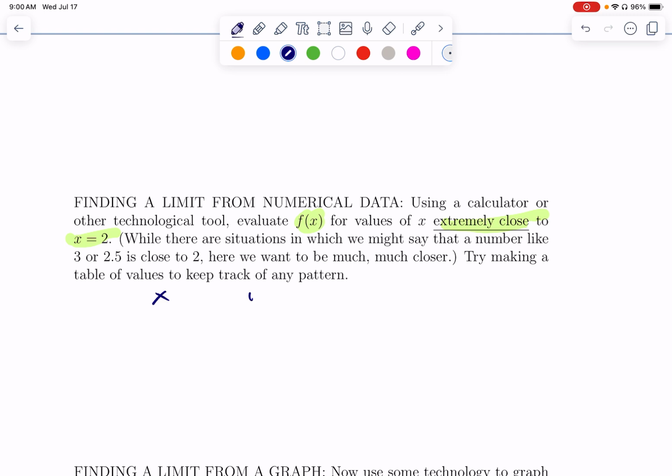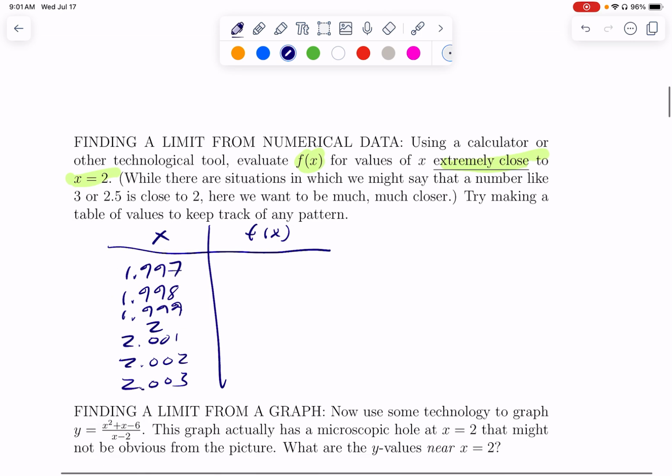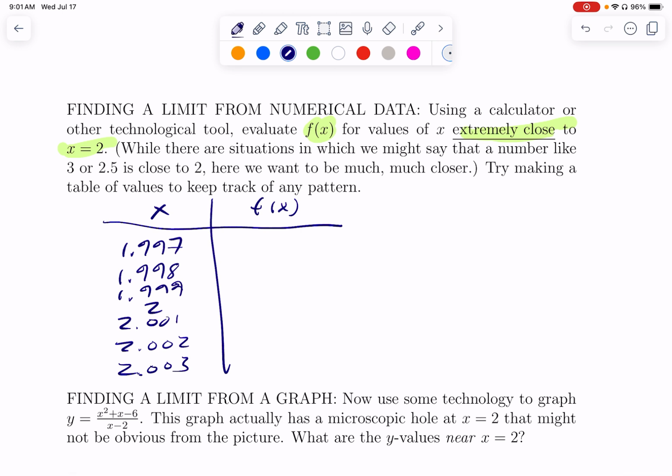So I'm actually going to make a little table of values. You could do this by just plugging them in one at a time on your calculator. And here, I'll make this a little bit cleaner.